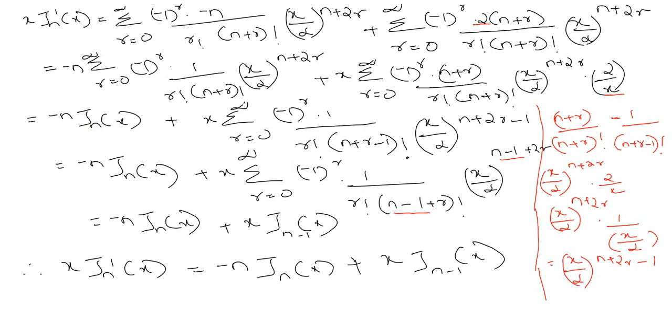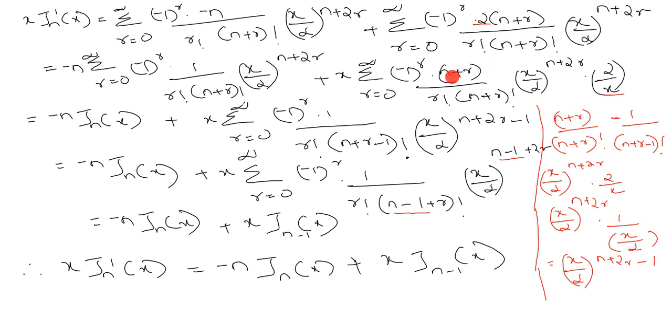So the first term is minus n Jn of x plus x into, as we have written earlier, (x/2)^(n+2r) into (2/x)^1, which is (x/2)^(n+2r-1). Again, (n+r) divided by (n+r)! is 1 by (n+r-1)!.